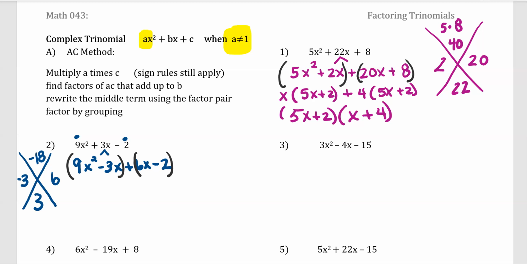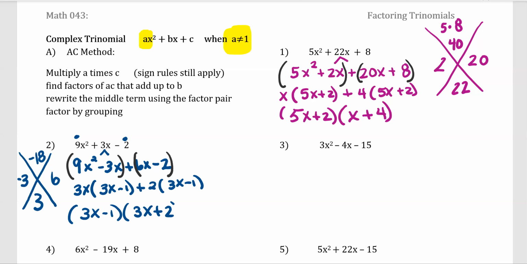Take out the greatest common factors. And then write your final answer as the 2 factors, 3x minus 1 and 3x plus 2.